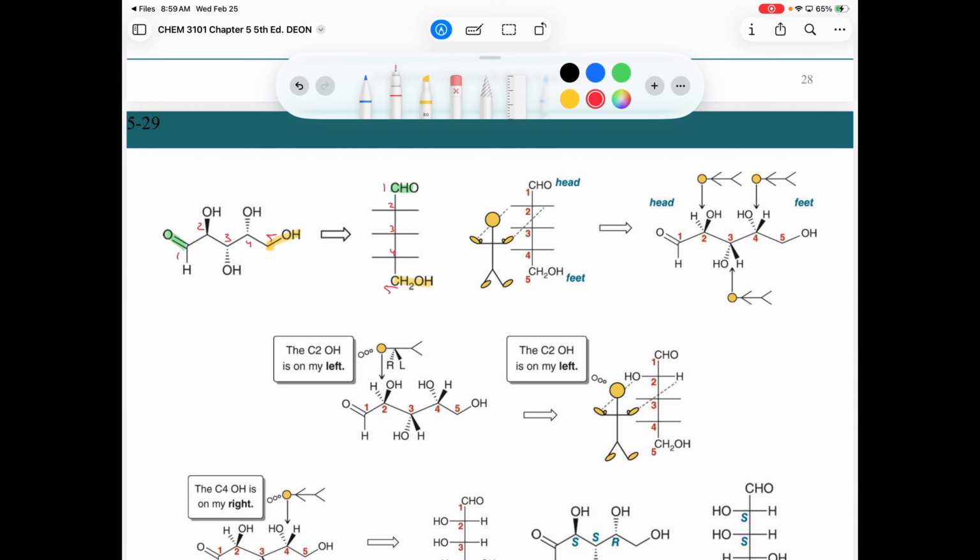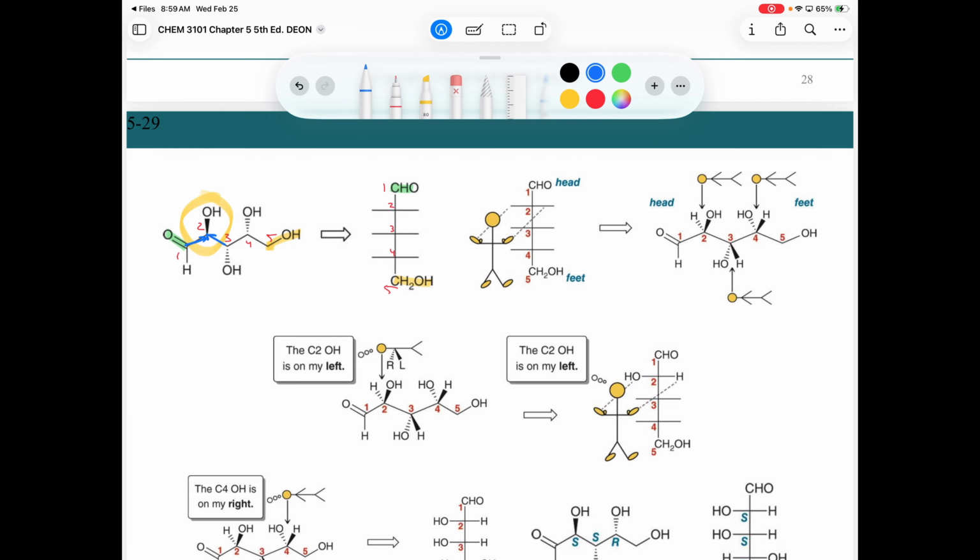Now what you do is this, okay? You take this structure, and for this first carbon here, so carbon 2, you're trying to figure out, is the hydroxyl going to be on this side or is it going to be on this side? What you do is you imagine yourself on top. Why on top? Because you see how these two bonds are pointing upwards towards that chiral center?